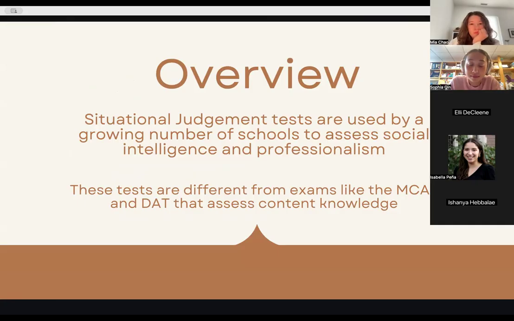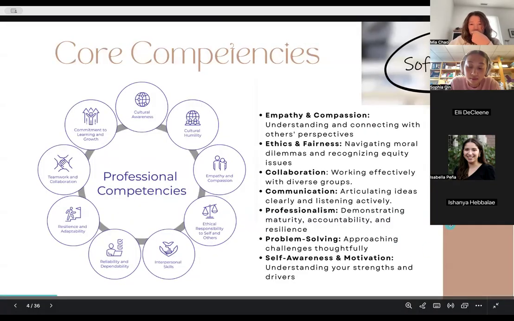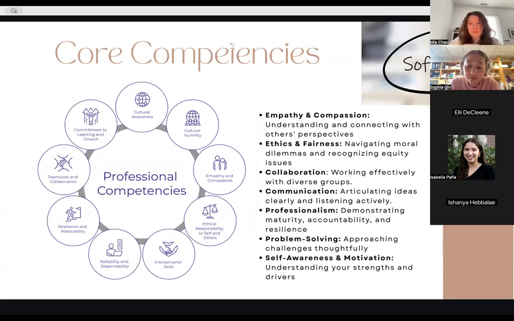And they're meant to assess social intelligence and professionalism. So they're very different from entrance exams like the MCAT and DAT that are assessing content. And we'll look at kind of what they are assessing more specifically. So they're really looking at your soft skills.